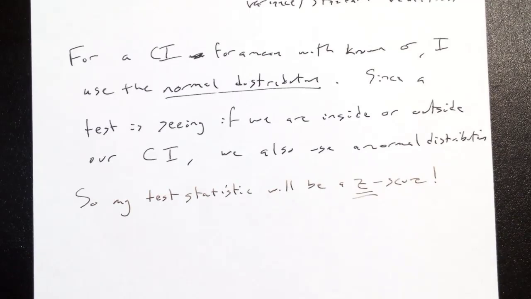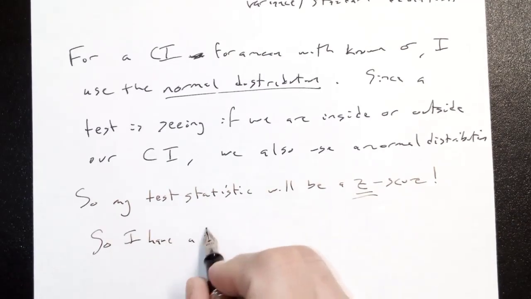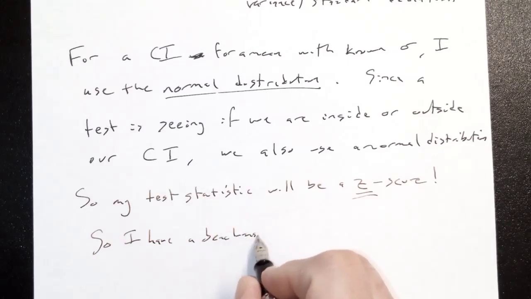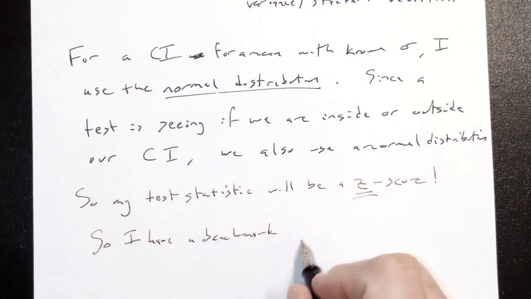But I'm testing my average against the predicted average, right? We had this null hypothesis: my mean is either equal to this number, less than this number, or bigger than this number, whether I'm doing a left tail, a right tail, or a two tail. But I have this benchmark score.